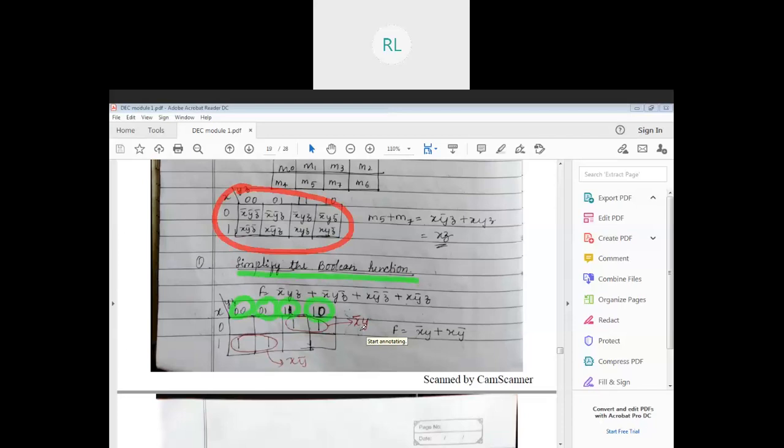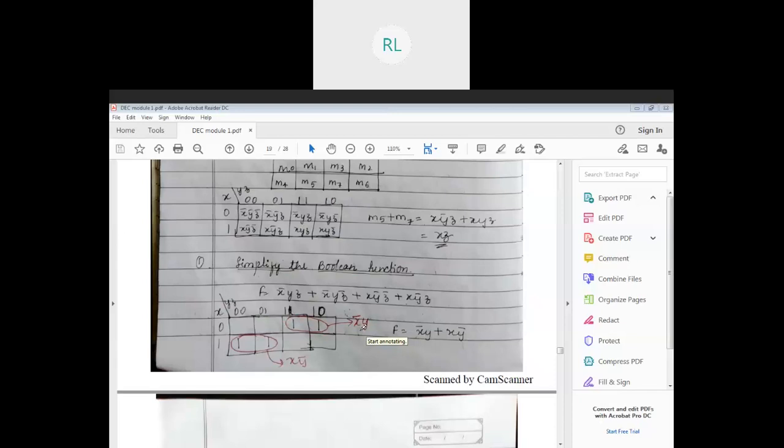So what we are going to do, the same thing we are going to represent here: I have my x, I have my yz, 0 0, 0 1, 1 1, 1 0. Always keep in mind, this is going to be my combination.